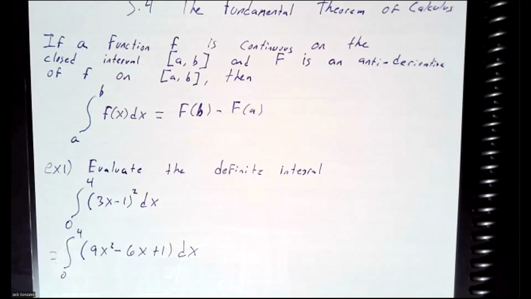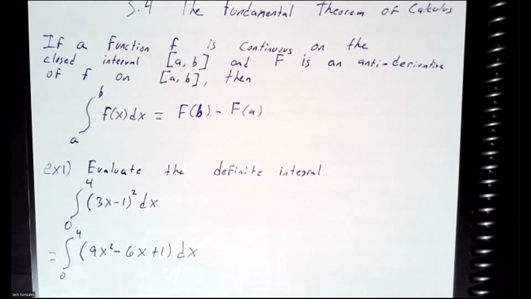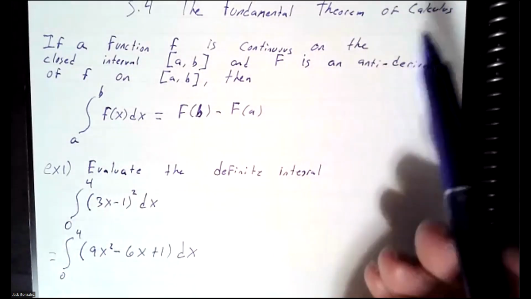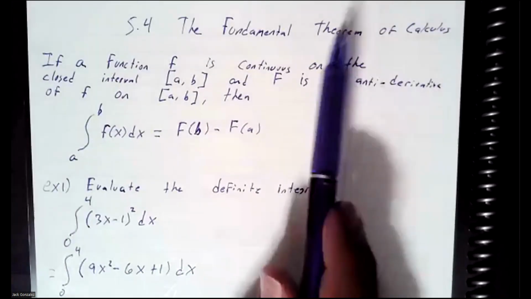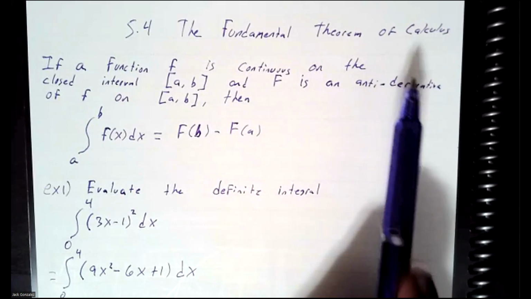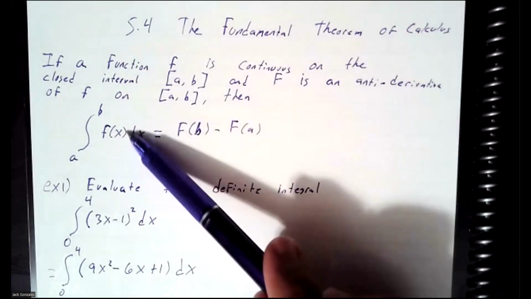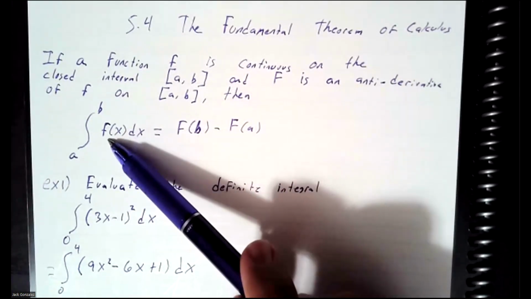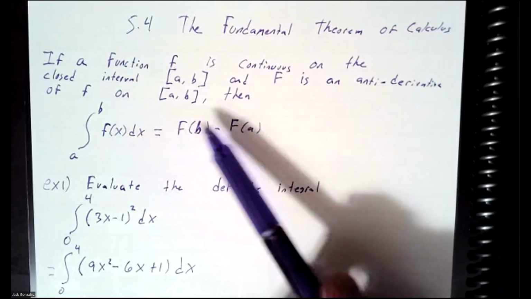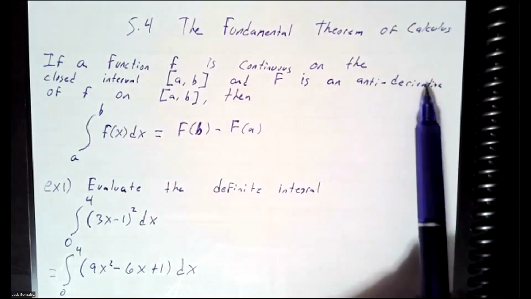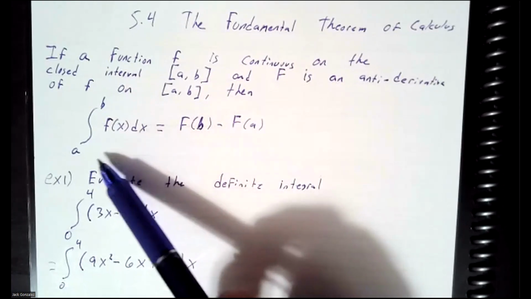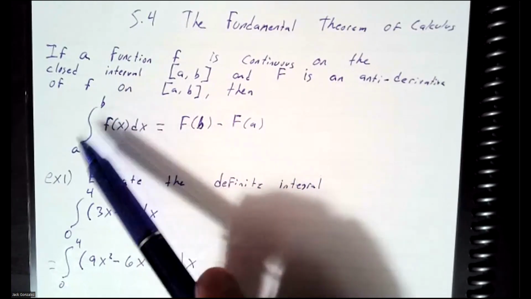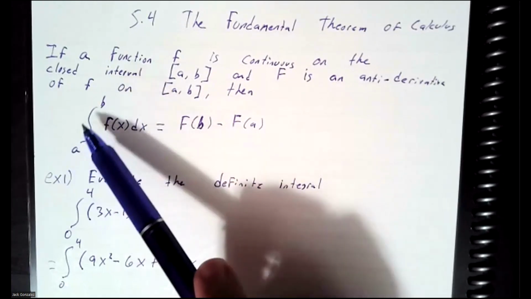All right, let's finish 5-4. So still integrals, but the idea here, the fundamental theorem of calculus, basically states you integrate little f, giving you your capital F, which is the antiderivative of lowercase f. If you're doing it from a to b, this is the interval of integration.